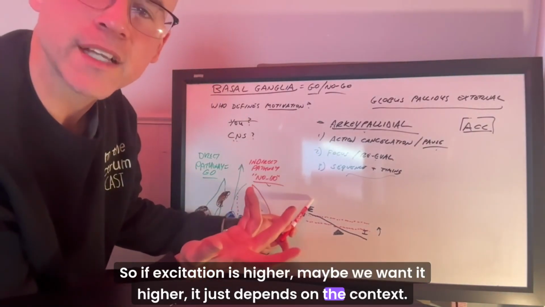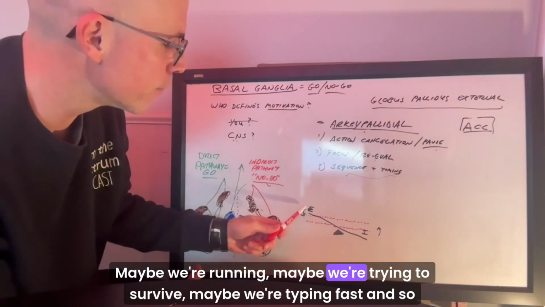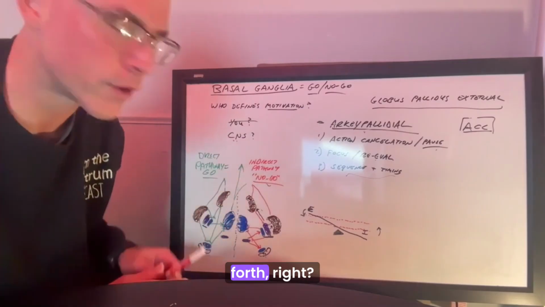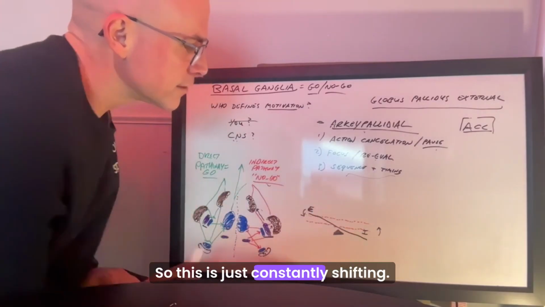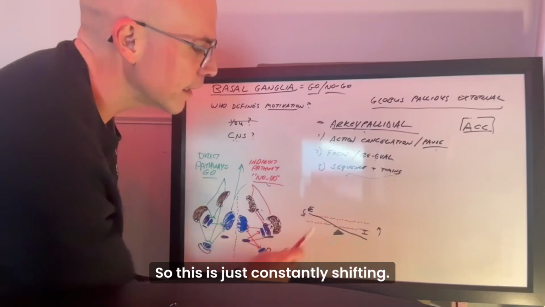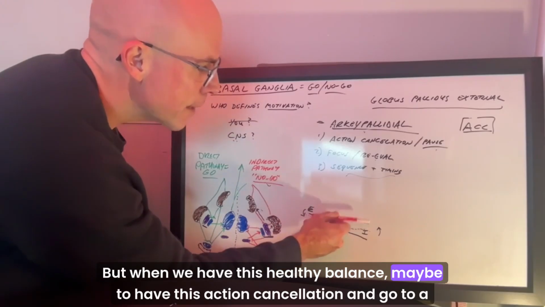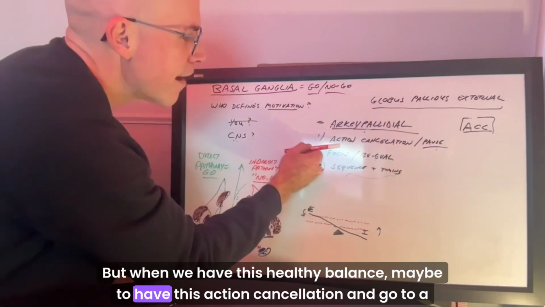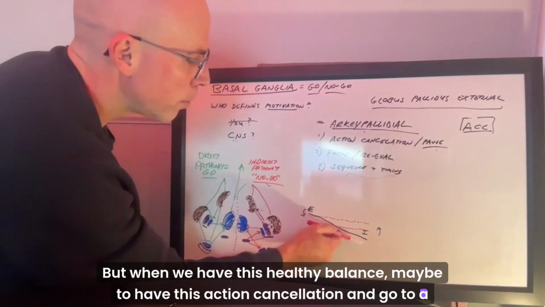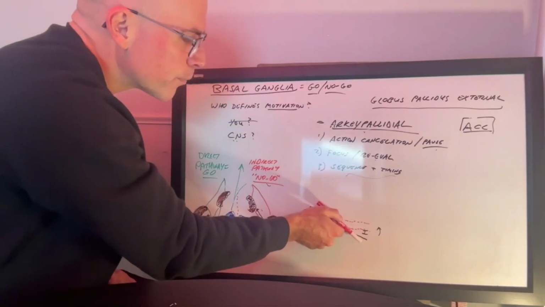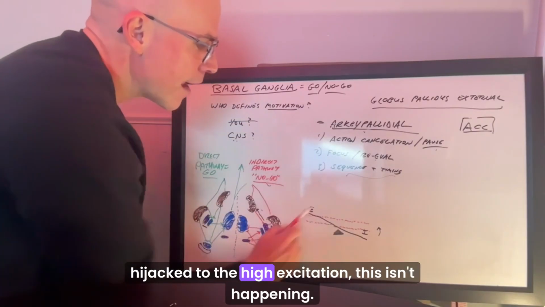It just depends on the context. Maybe we're running, maybe we're trying to survive, maybe we're typing fast, and so forth, right? So this is just constantly shifting. But when we have this healthy balance, maybe to have this action cancellation and global pause, that way we can reevaluate if we are hijacked to the high excitation.